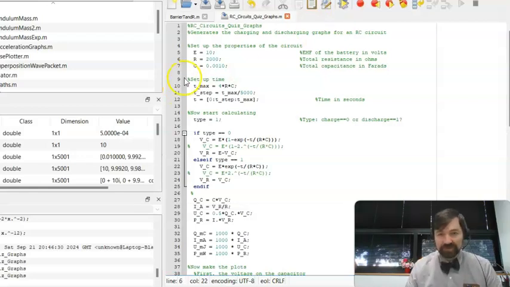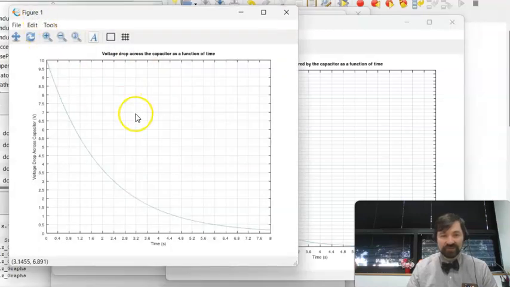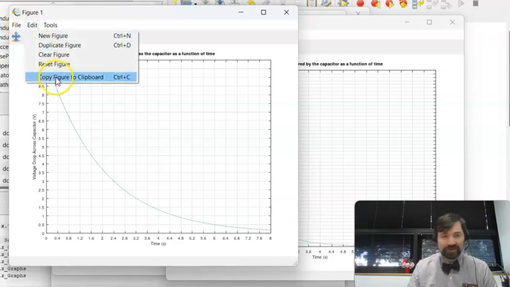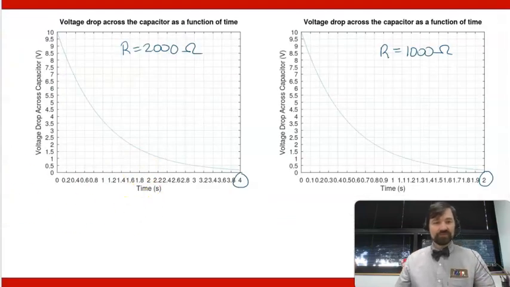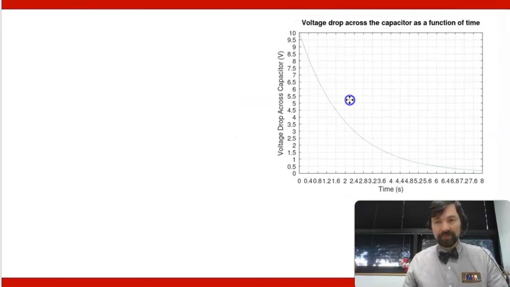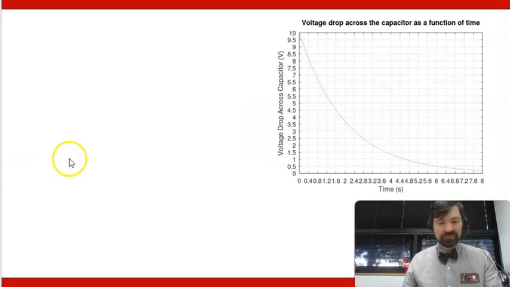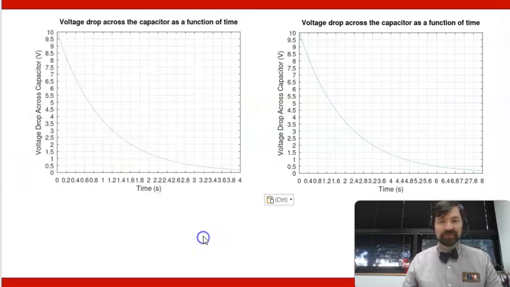And again, remember that I've returned my resistance to its original value. So let's look at what we have here. Again, we'll look at figure number 1, and let's copy that one. Let's put it down here, and let's take the original and put it here so you've got a side-by-side.